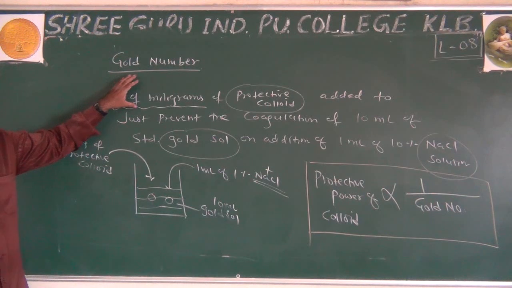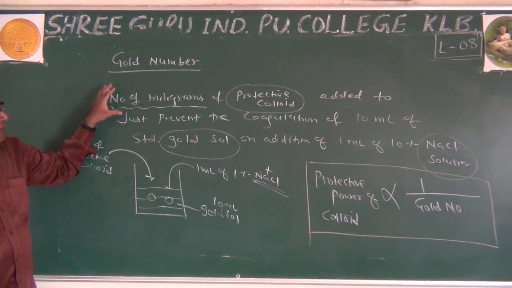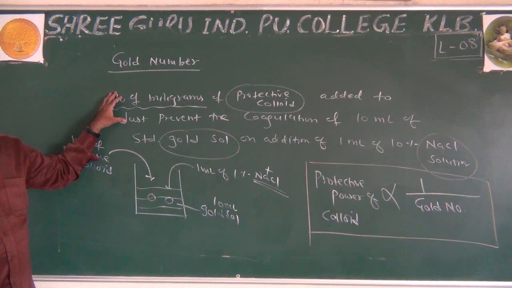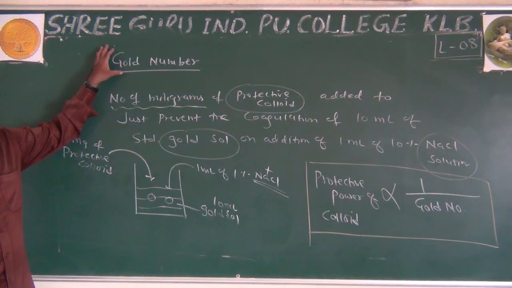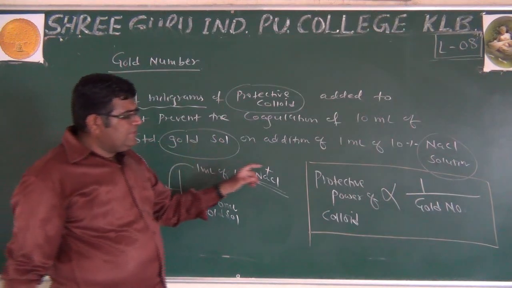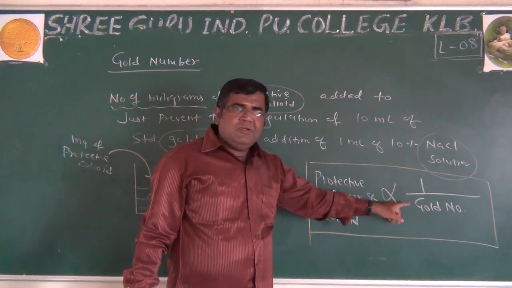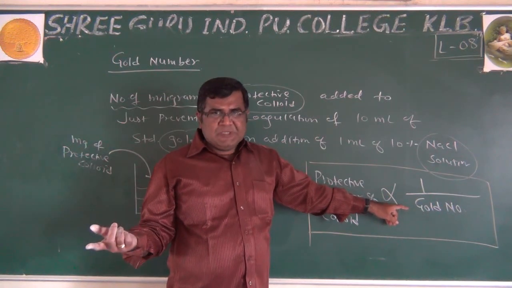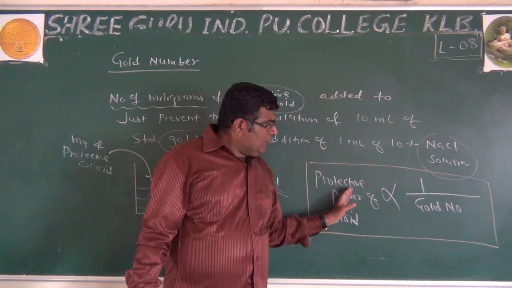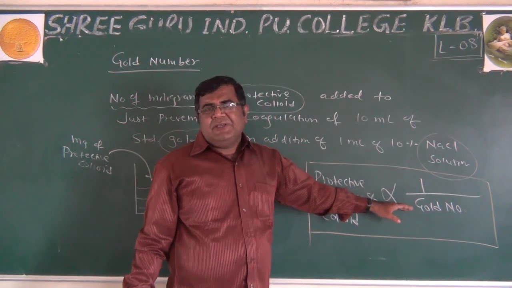So the number of milligrams of protective colloid added just to prevent the coagulation of 10 milliliter of standard gold sol on addition of 1 milliliter of 10% NaCl is called the gold number. This is a very important concept. Just like coagulating power and coagulating value were inversely proportional, protective power and gold number are also inversely proportional.